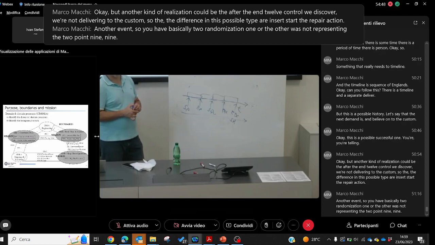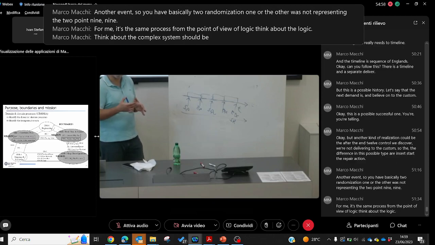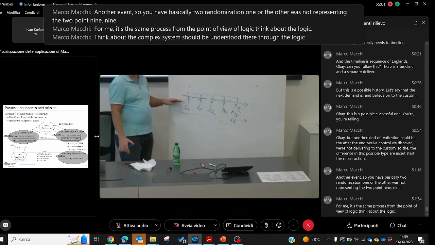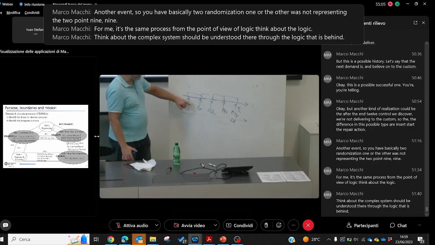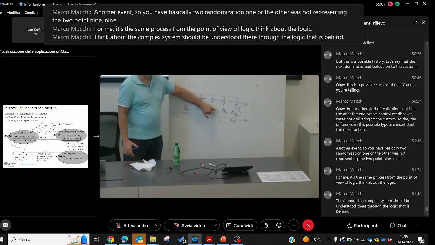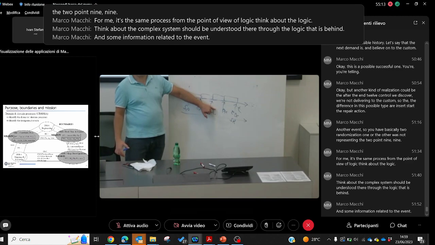I was not representing the two timelines, just so you understand: two realizations of the same process. To me, it's the same process from the point of view of logic. Think about the logic. Think that the complex system should be understood through the logic that is behind the system. The logic is driven by the events and some information related to the event. Can you follow this?